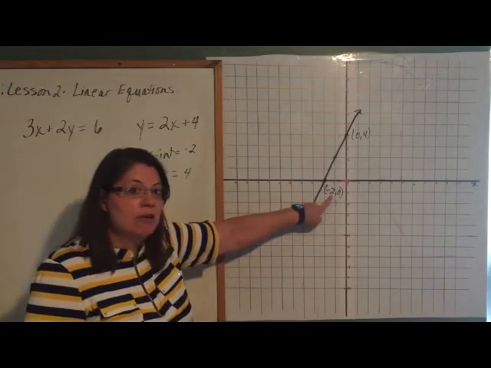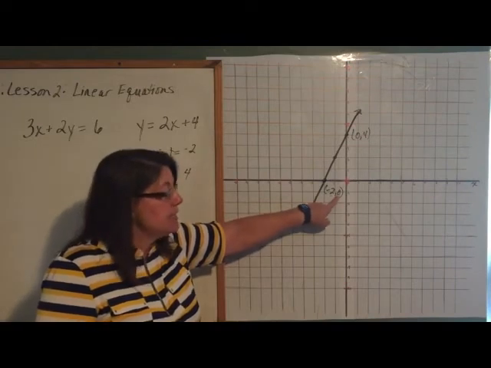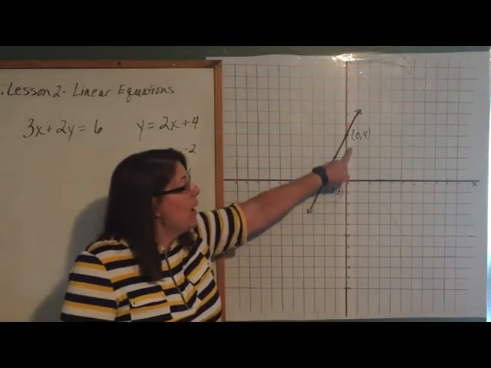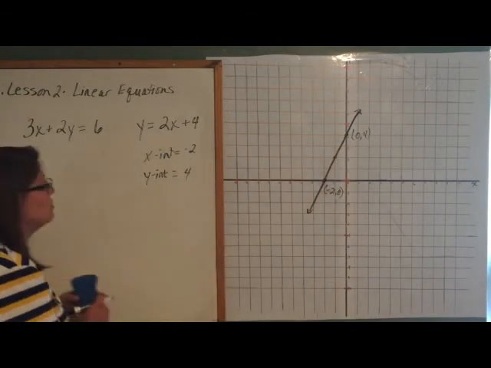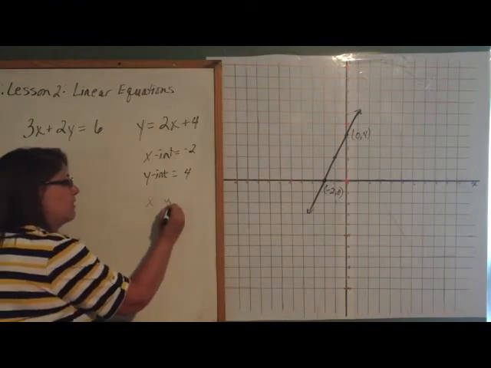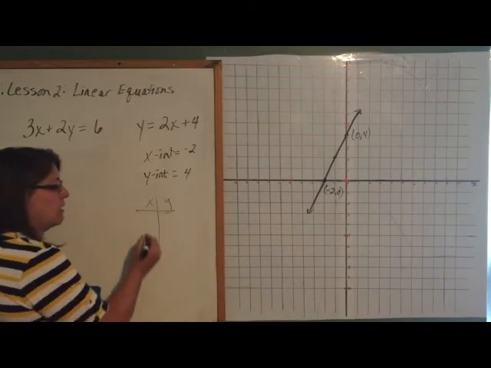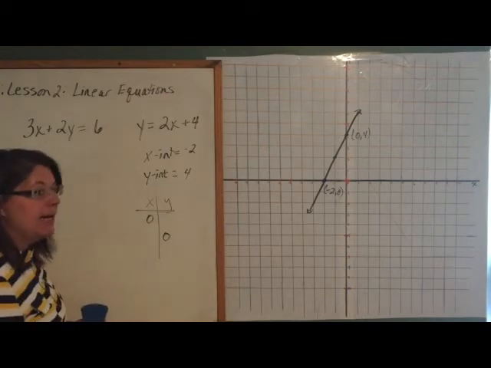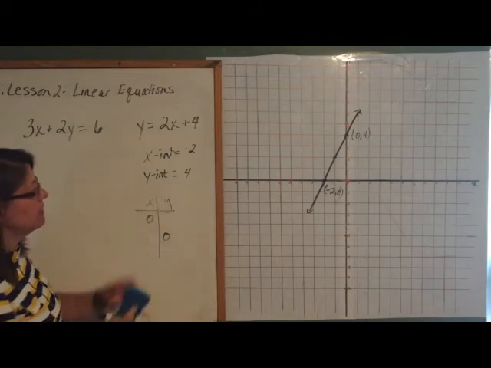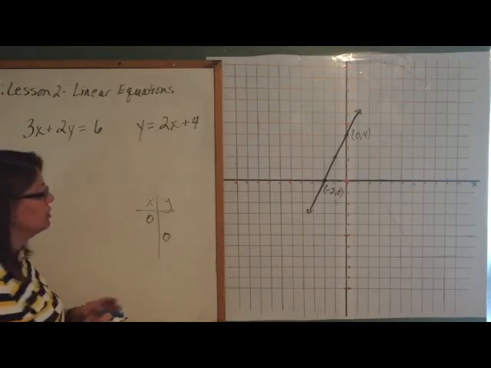In the x-intercept, the y coordinate is 0. In my y-intercept, the x coordinate is 0. So another way I could do this is I could do an XY chart, and I could plug in 0 for x, and I could plug in 0 for y, and solve. So you don't necessarily need a graph to be able to do this.